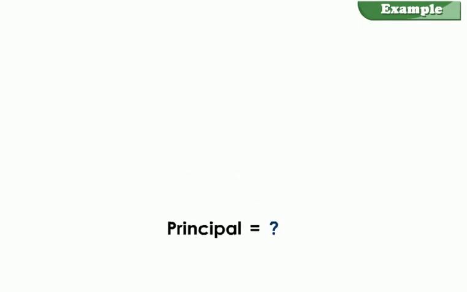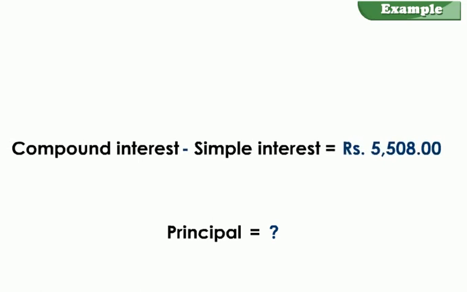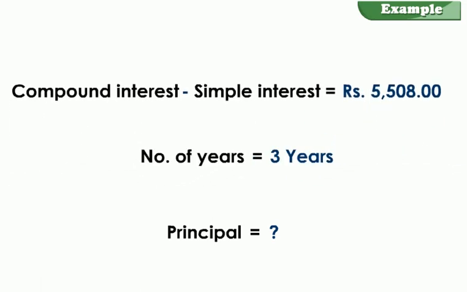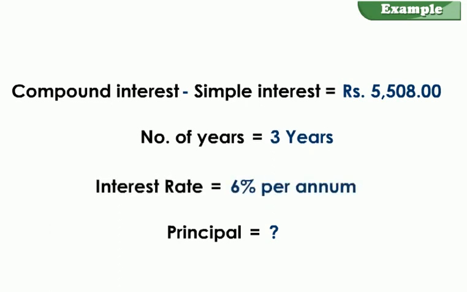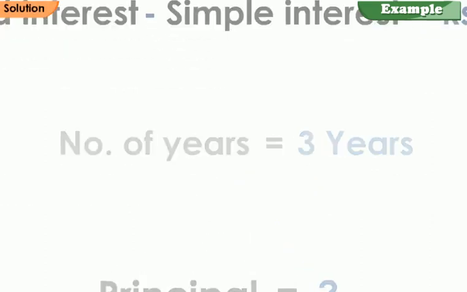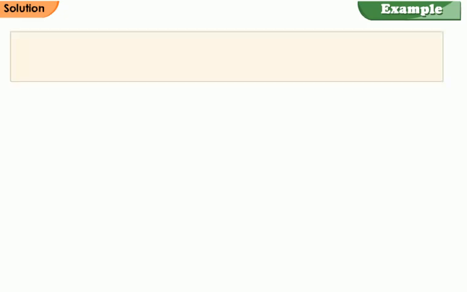Here is the solution. Students, given that rate equals 6%, the number of years 3. The difference between simple interest, that is SI, and compound interest, CI, is rupees 5,508.